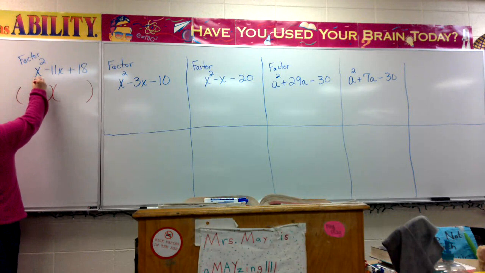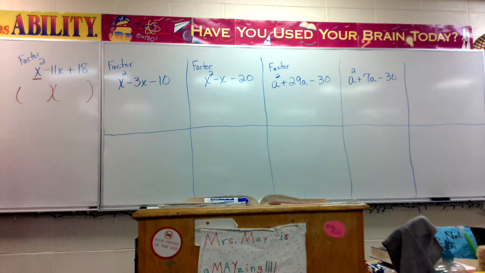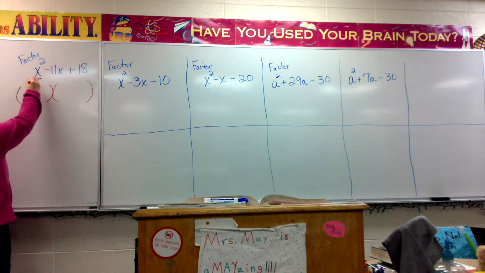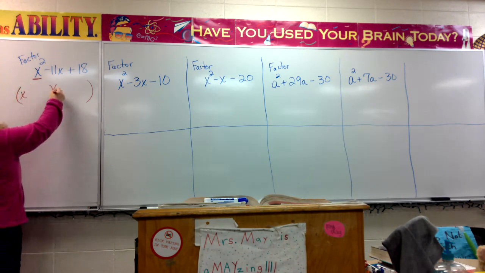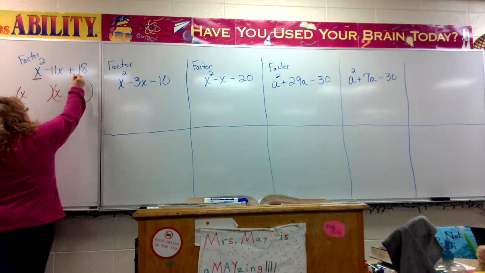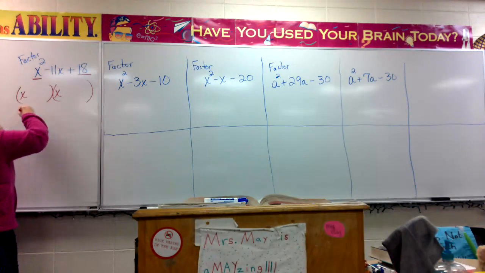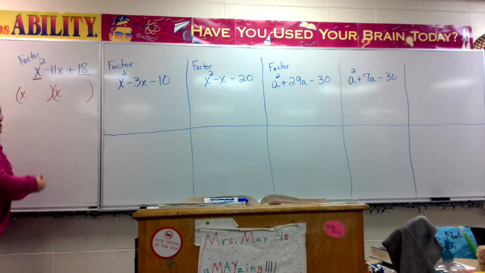Hopefully by now you're getting pretty good at these. You start, what times what is x squared? x and x. What times what is 18? Well, could be a lot of things, right? So could be 1 and 18, 2 times 9, is that it?